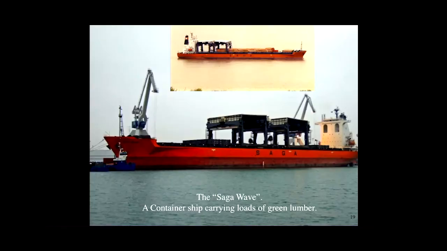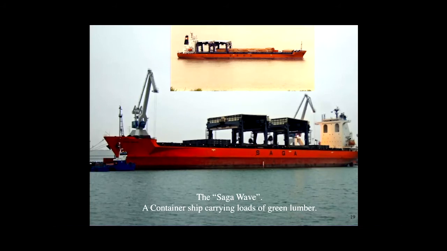Well, this is a practical example: the Saga Wave. The Saga Wave was a container ship, still is a container ship, and it was carrying wood, in this case hemlock, from British Columbia down through the Panama Canal and ended up a little south of here in New Jersey, Camden Yards.